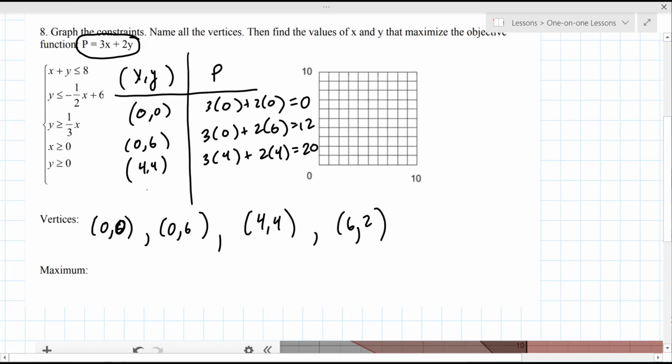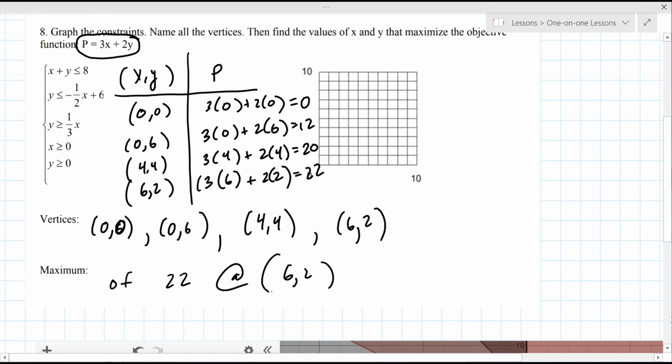And then 6, 2, we have 3 times 6 plus 2 times 2. That's 18 plus 4, that's 22. So it's a maximum of 22 at 6, 2. Okay.